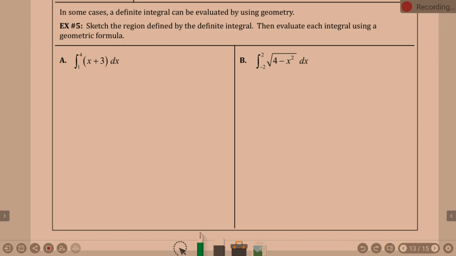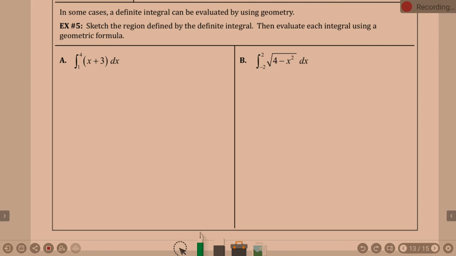There are times, and you will see this on the AP test, where an integral is not necessarily something that you can easily integrate. We don't know how to integrate yet, so that's a whole other story. But there are times where geometry skills are going to come into play, basically being able to graph the shape and figure out the area just using basic formulas.